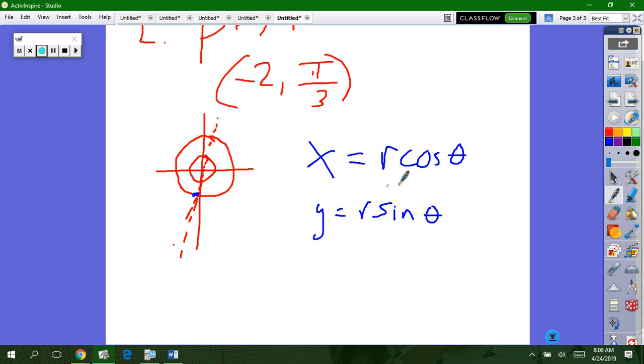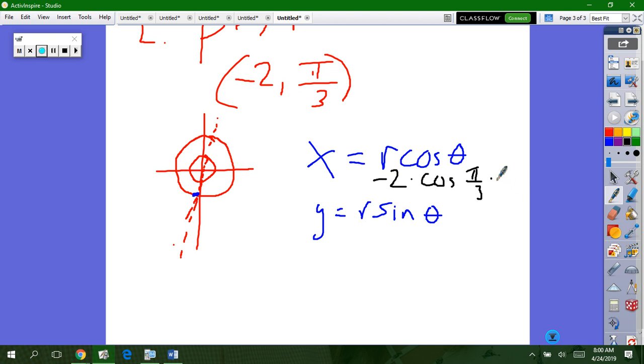So we just go, okay, so this is -2 times the cosine of pi thirds. Cosine of pi thirds is 1/2, right? 1/2 times -2 is -1.